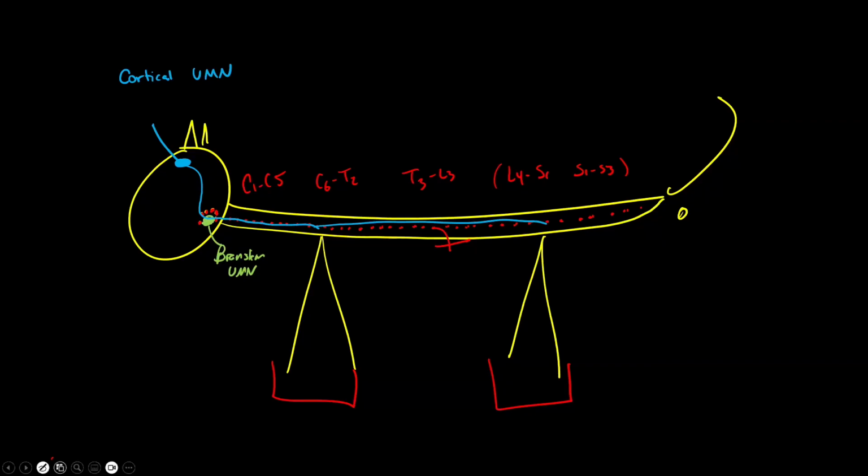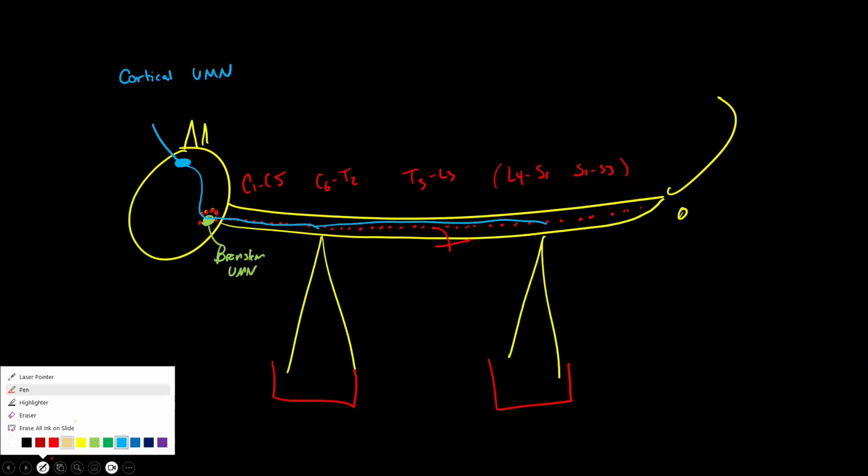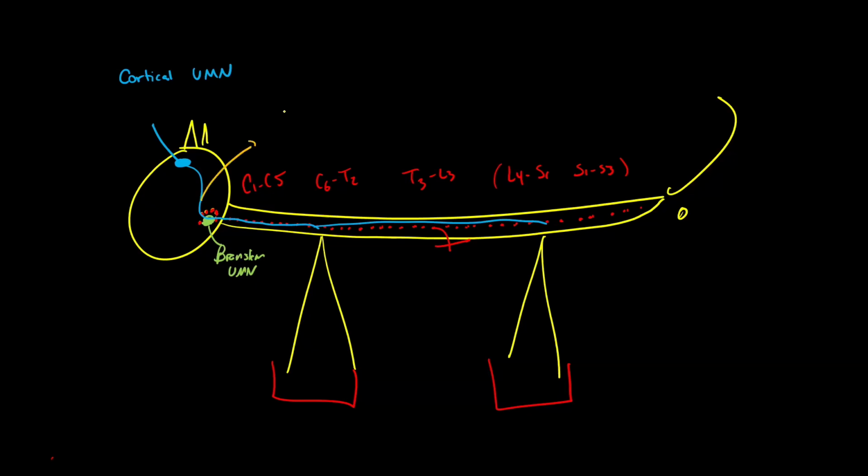Now, quick little asterisk, we're not going to deep dive into it today. There is cerebellar oversight. And so what really happens is it comes down here to the brainstem, it goes up to the cerebellum, leaves the cerebellum, goes back up here, helps regulate that, but also goes down there.